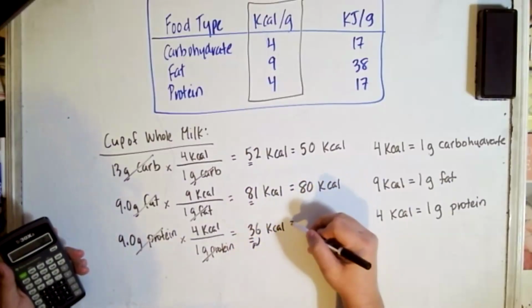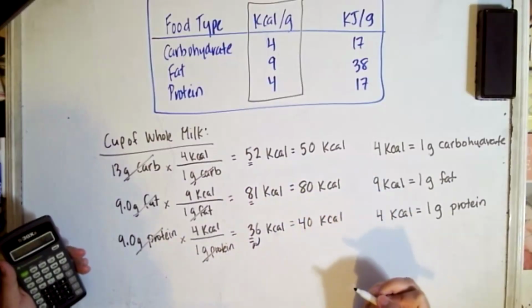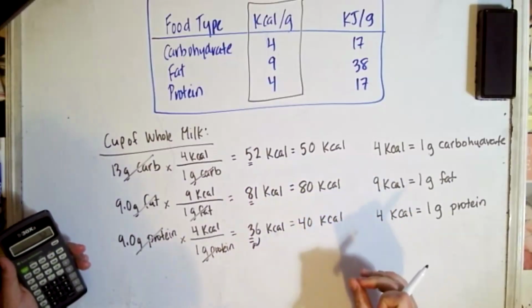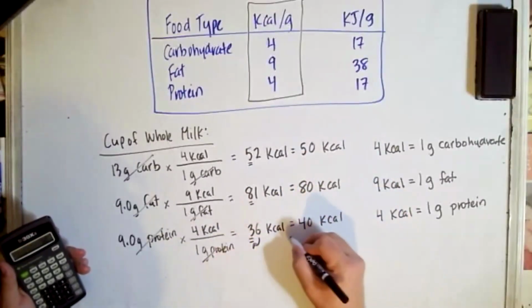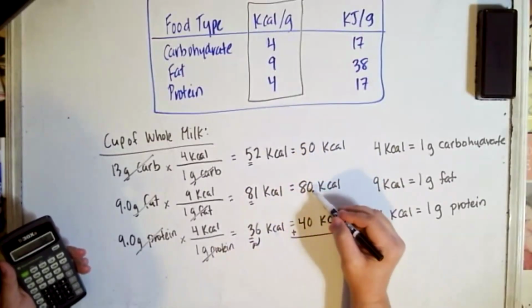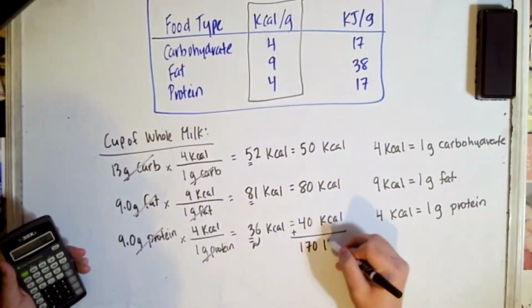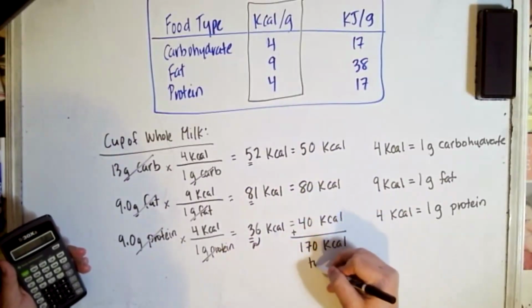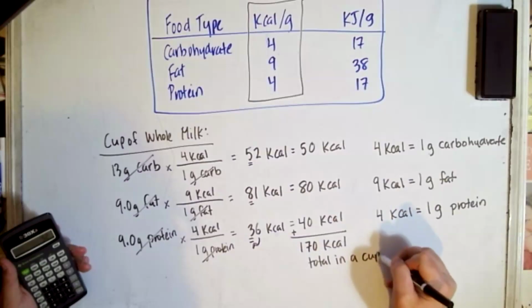So we'll have to round that 3 up to a 4. And then to figure out how many kilocalories a cup of milk has altogether, we add all these things up. So now we're going to take these values. 50 plus 80 is 130, plus 40 is 170 kilocalories total in a cup of milk, of whole milk.